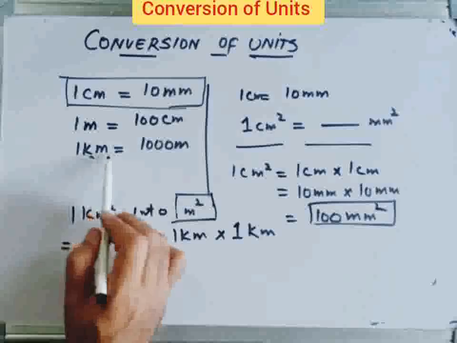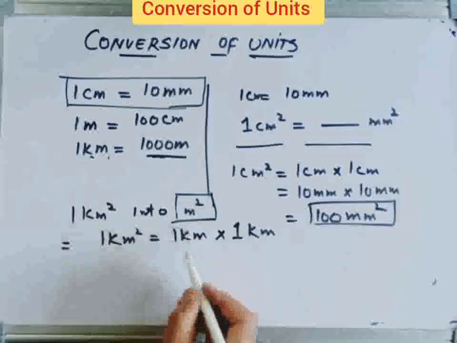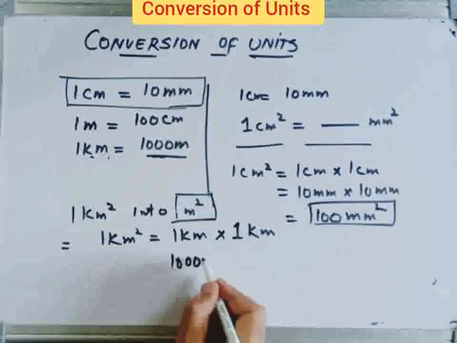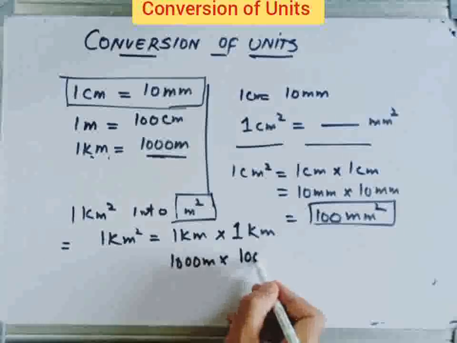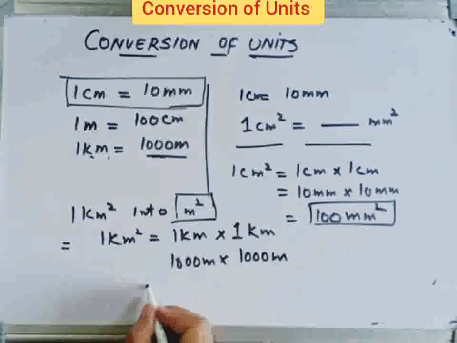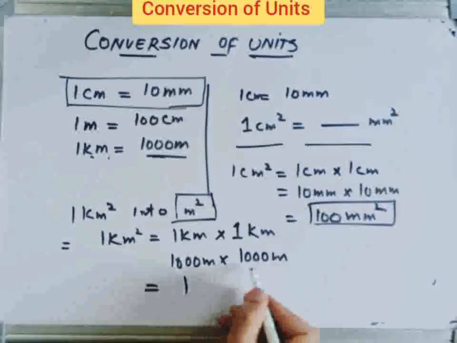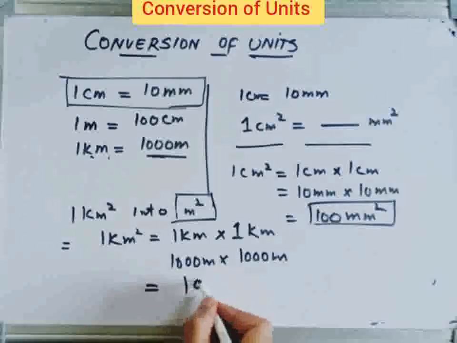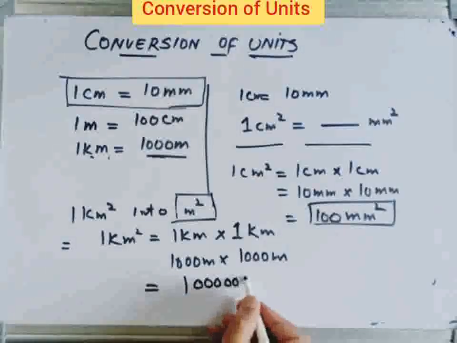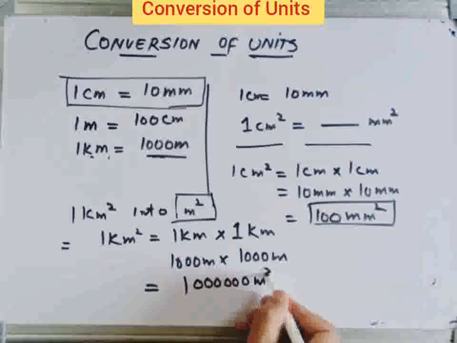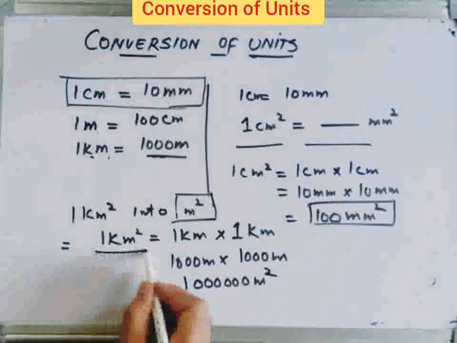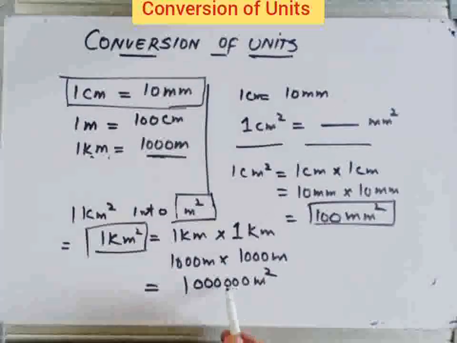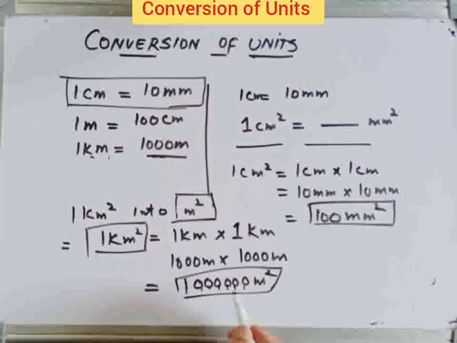We know that 1 kilometer is equal to 1000 meters, so it is 1000 meters into 1000 meters. That means 1000 times 1000 gives 6 zeros, and m into m is meter square. So 1 kilometer square is equal to 1,000,000 meter squares.